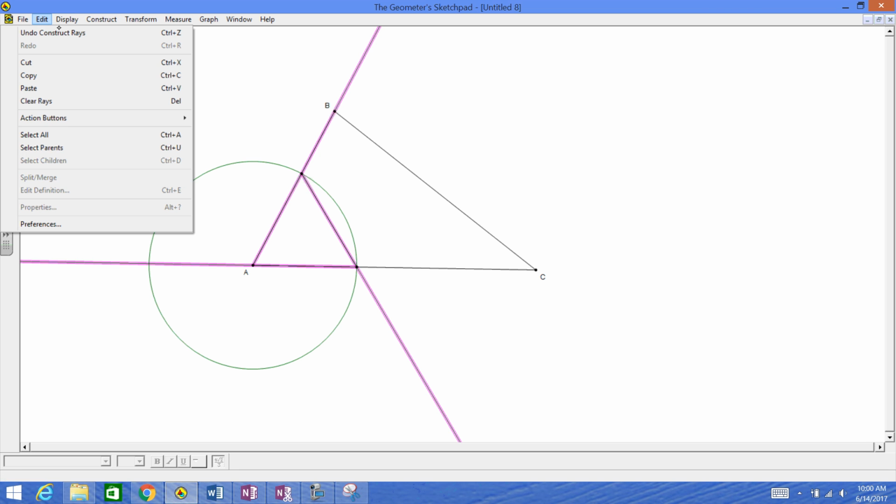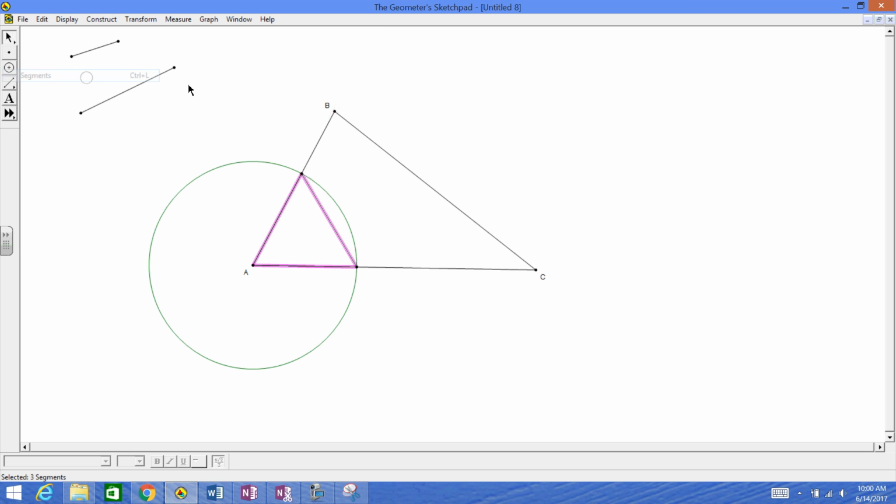This side is congruent to that side because it's the radius of the same circle. Now, with this side, try to remember with an isosceles triangle, if you bisect the side that's not congruent to the other two, you're going to get perpendicular. You're going to end up bisecting this angle.